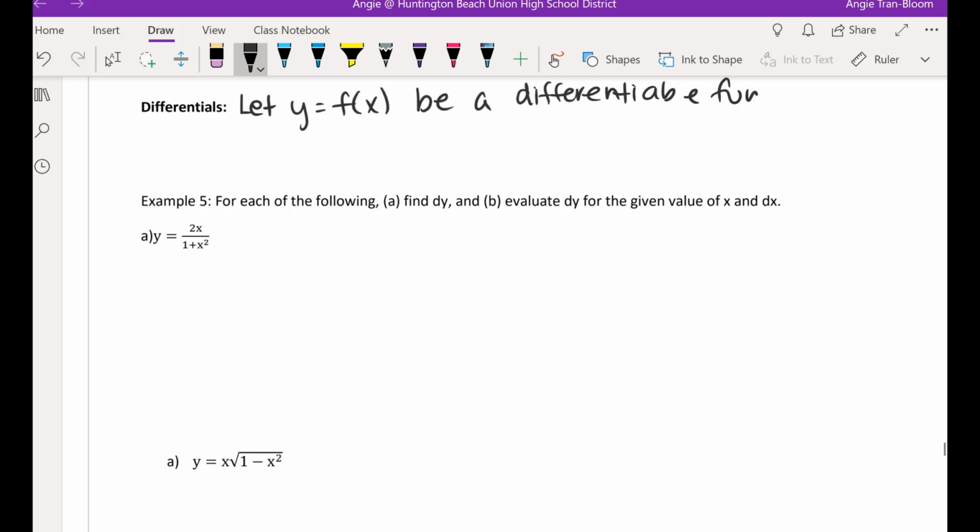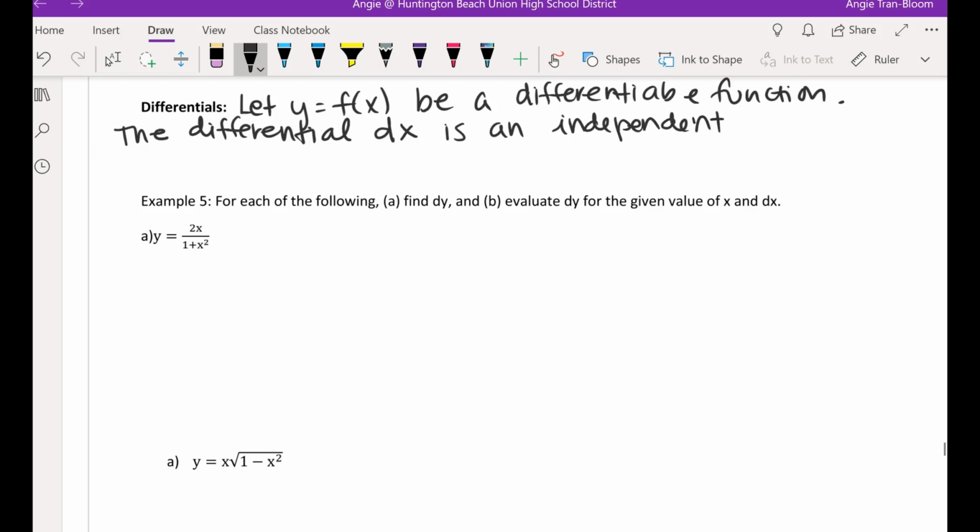Let y equal some unknown function, let's call it f of x, be a differentiable function. The differential dx is an independent variable.